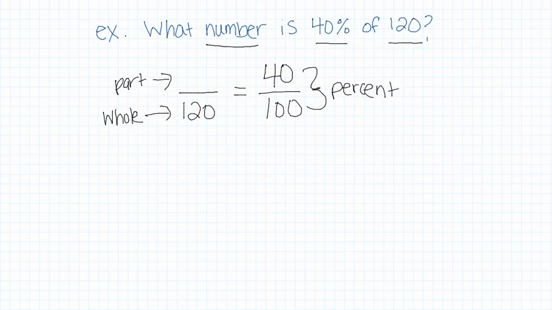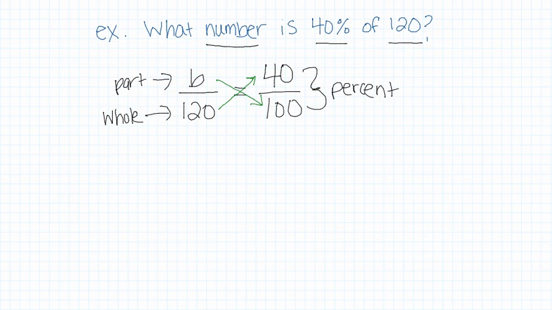Okay, so we need to give this a variable name. How about we go with b? Again, just like in the previous example, we're just going to determine what b is to make these two ratios proportional. So we need to cross multiply.